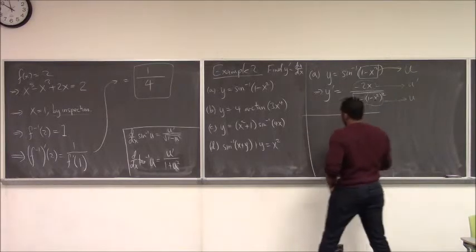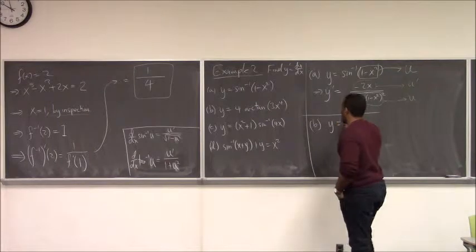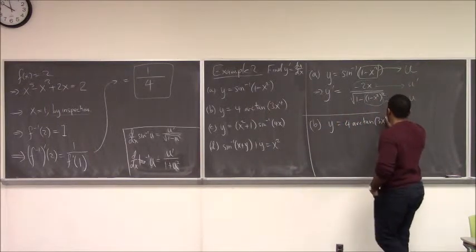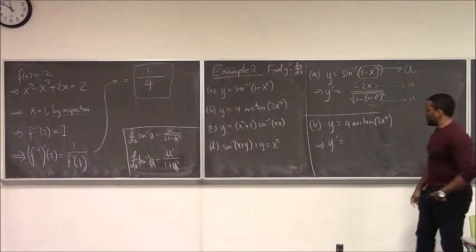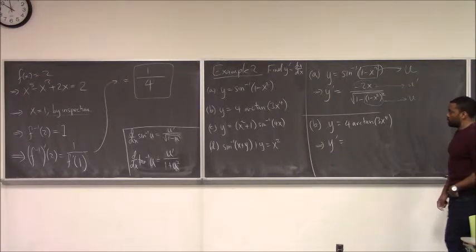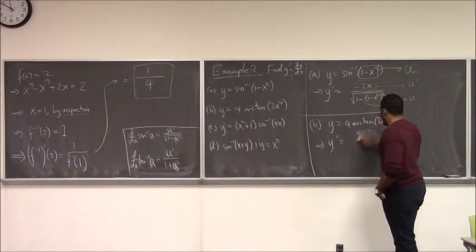Nothing really to see here, just making sure we go through some examples. What about this one? 48x cubed over 1 plus 9x to the 8th. So where does the 48 come from?